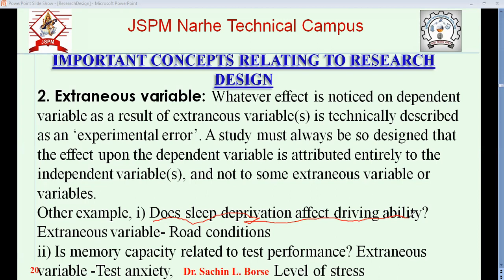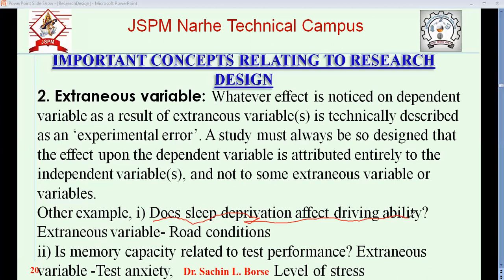But please understand, if he's driving on the very smooth Mumbai Pune Express Highway with fewer turns, the effect can be different. There are chances that he may go to sleep.